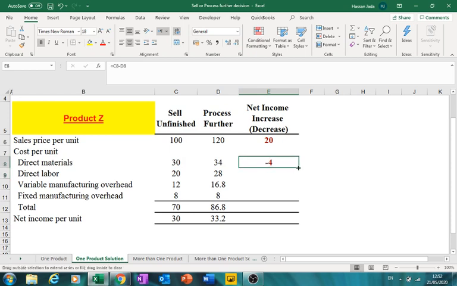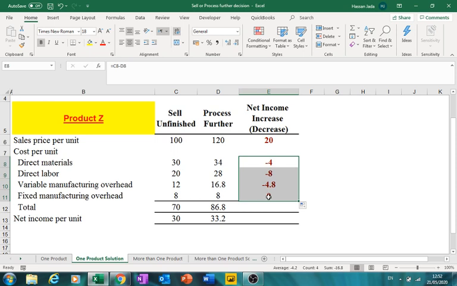Then we can drag this. Increasing cost by $8 decreases net income by $8. Increasing cost by $4.80 results in a decrease, between parentheses, in net income by $4.80.